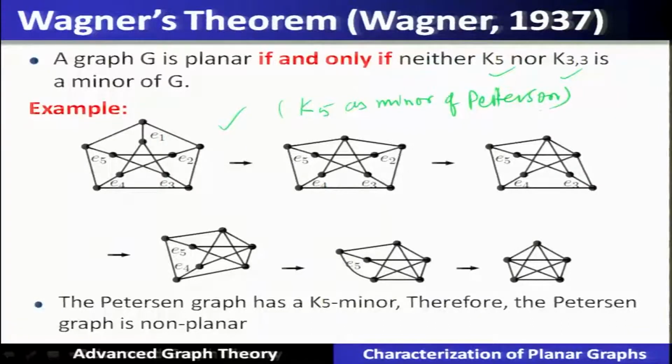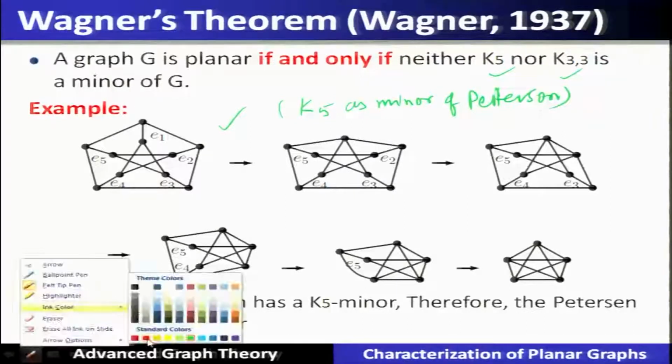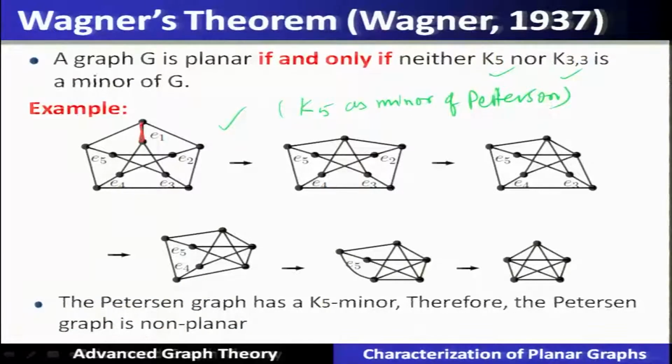because this particular graph looks like a K5 as its minor. So, we will choose this K5, and let us show that K5 is a minor of this Petersen graph. Let us perform these steps. First, we will choose the edges where we perform the edge contraction.